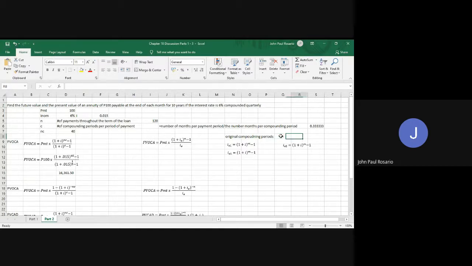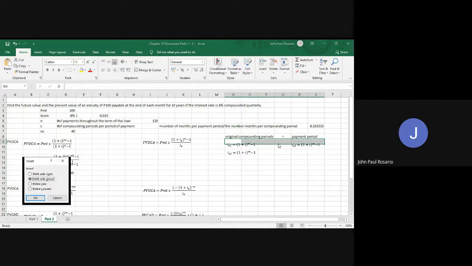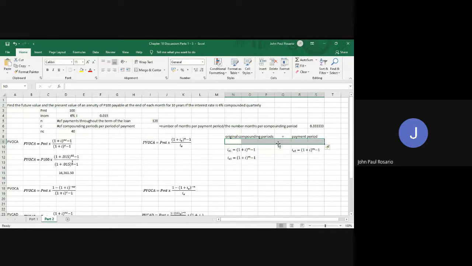We equate this to the payment period. So in this case, we are trying to transform our compounding period, which is quarterly, into monthly. So first is our quarterly compounding period.